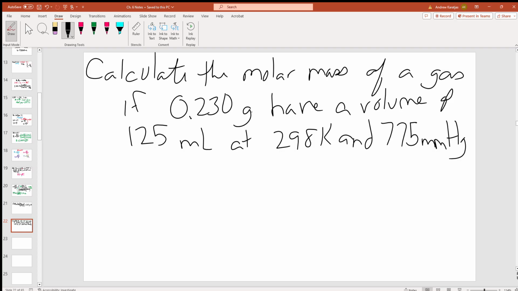So your reaction to this problem, at least initially, might be, how do I calculate a molar mass?